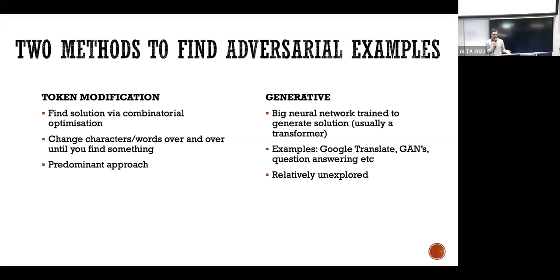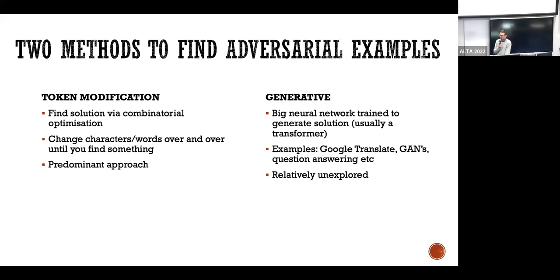So you start off with the original sentence and you basically flip letters, flip words over and over using some sort of search algorithm. And after every flip, you have a score and you watch the score go down using your optimization algorithm, and it finishes once you have flipped the sentiment. So this is the dominant approach in the literature.